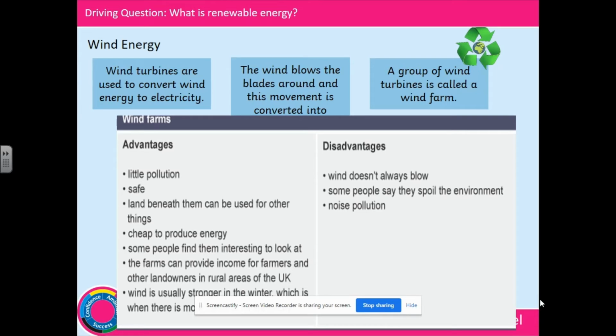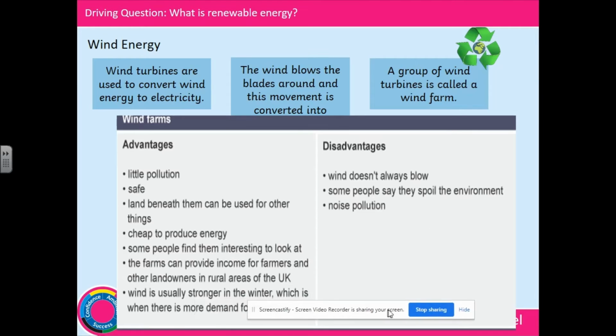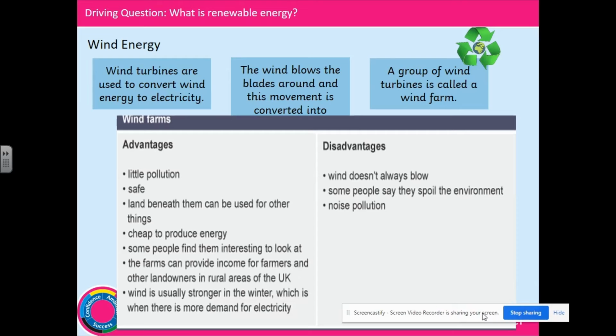The farms can provide income for farmers and other landowners in rural areas of the UK. Wind is usually stronger in the winter, which is when there is more demand for electricity.